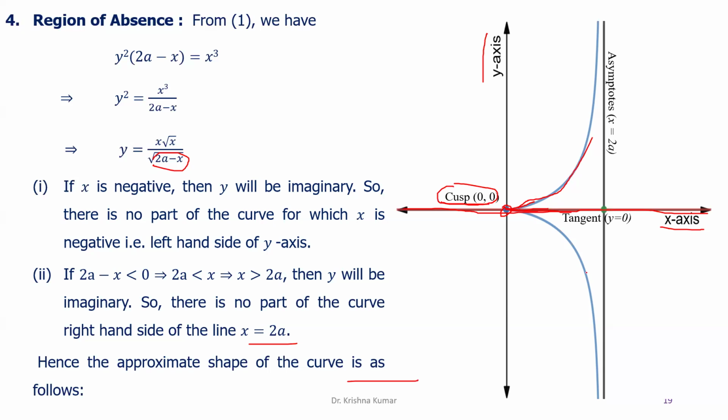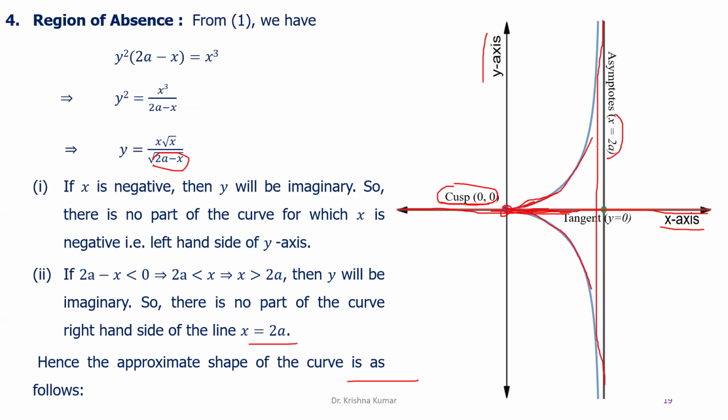Also we know that this curve is symmetric about the x-axis, so we get the same type of curve above and below the x-axis. We have already checked that x equal to 2a is the asymptote parallel to the y-axis, so the curve will never cross this line.